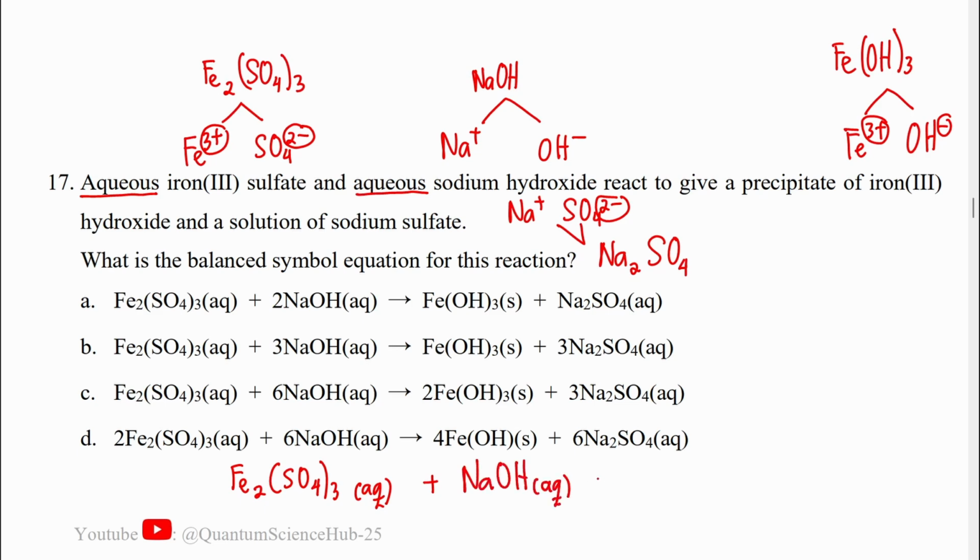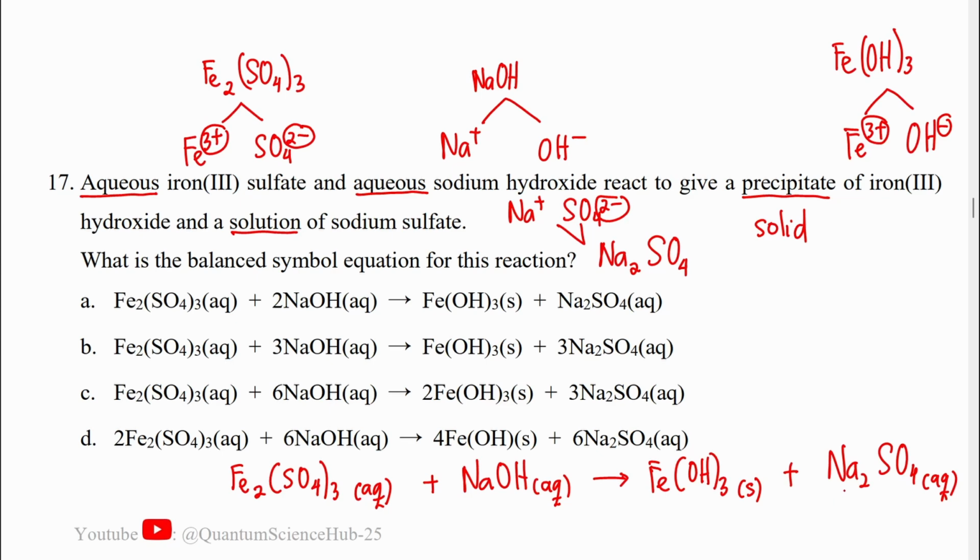And will produce Fe(OH)3, and this is a precipitate. So precipitate means something solid, okay? And then plus Na2SO4. And what is the state in here? This is a solution, so it's something that mixed with water. So it is aqueous.